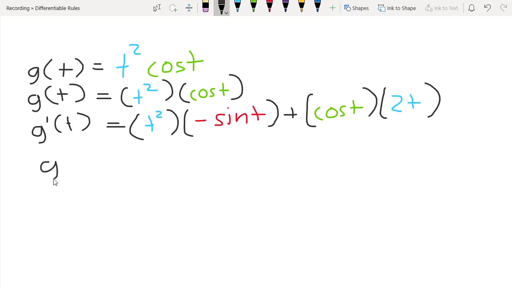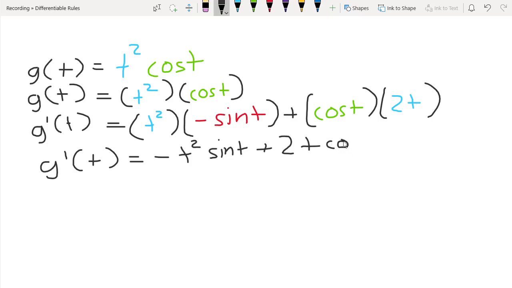And then we can add this together and simplify it to get negative t squared sine of t plus 2t cosine of t, like so. So this would be your answer here.